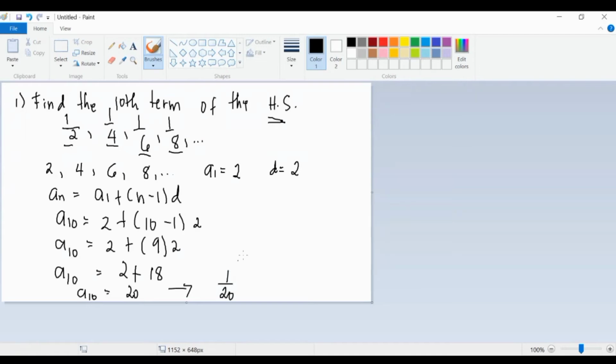So therefore, we can conclude that the 10th term of the harmonic sequence is 1 over 20. So that is our final answer. Okay, that is for our example number 1.